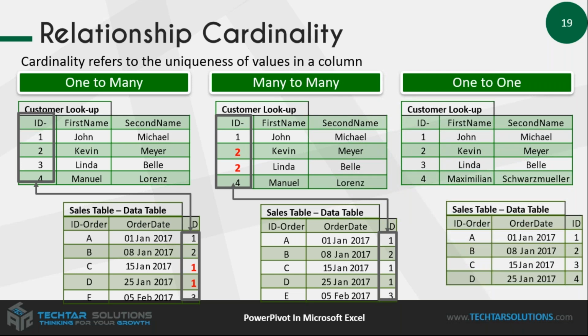And the third one is one-to-one. In one-to-one, we have only one primary key and we have only one foreign key. So if we have recorded Mr. John the first time, the ID will be 1. In the data table, the ID will be 1. For instance, Mr. John comes another time.